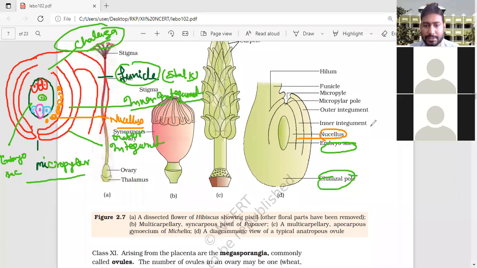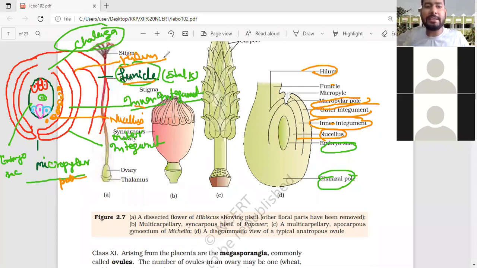The outer integument is on the outer side and the inner integument on the inner side. Here I have drawn the micropylar pole, and the funicle here. The hilum is the location where the ovule gets attached with the funicle.